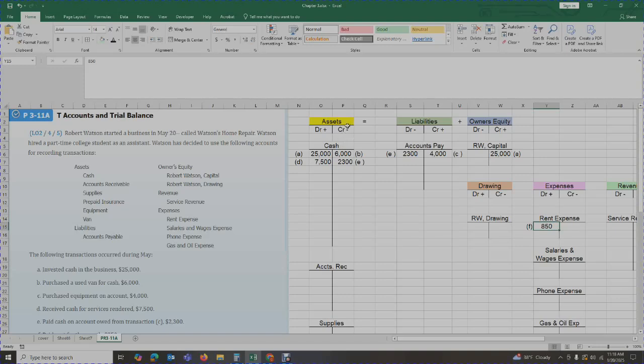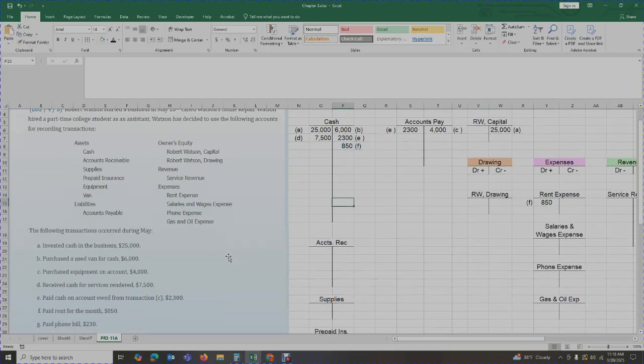Cash is decreasing. So that means I will need to credit my cash for $850. This is letter F. So that takes care of letter F. I've got a debit to rent expense. I've got a credit to cash. Debits and credits equal.